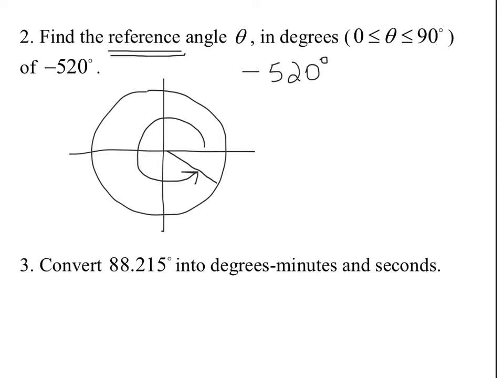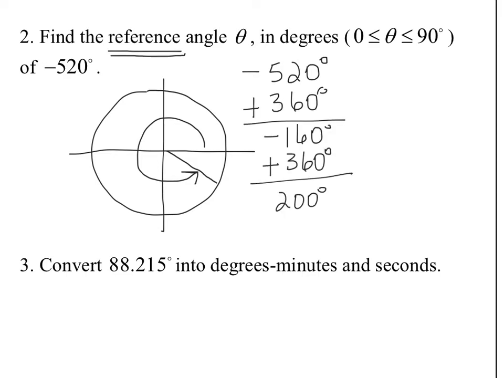I added 360 degrees, and the first time I got negative 160. That's still a negative angle, so I needed to add 360 degrees one more time, and that got me to 200 degrees. Now that 200 degrees is located in quadrant 3.